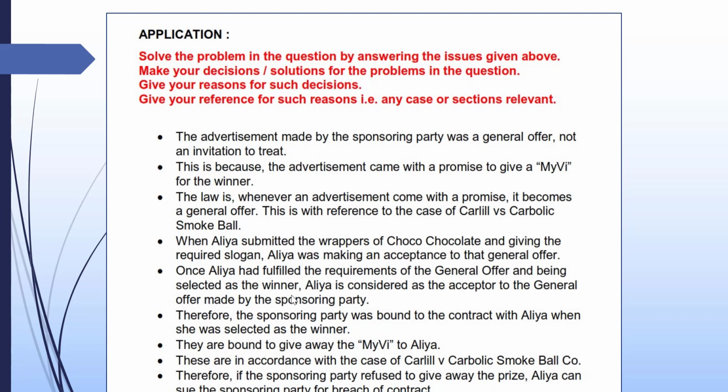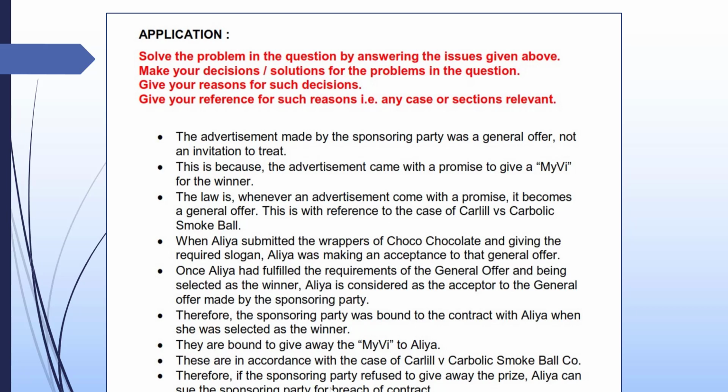Because Alia here is responding to the general offer, therefore, the sponsoring party was bound to the contract with Alia when she was selected as the winner. So they are bound to give away the Myvi to Alia. So these are in accordance with the case of Carlill versus Carbolic Smoke Ball Company.